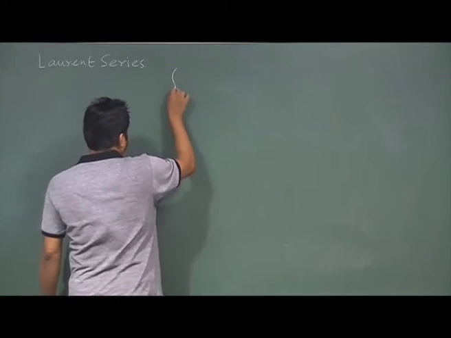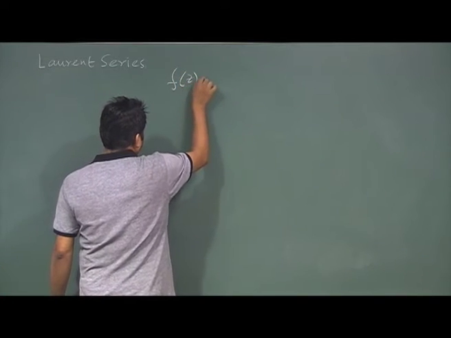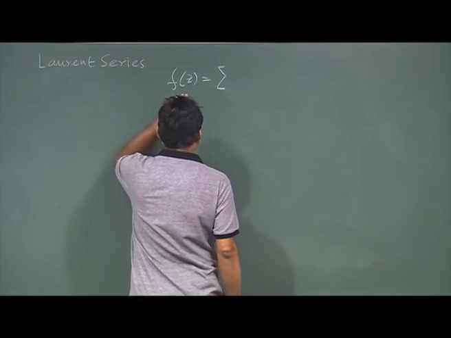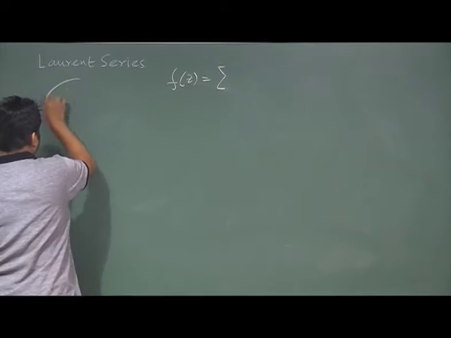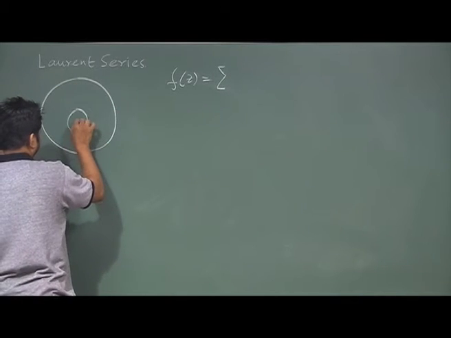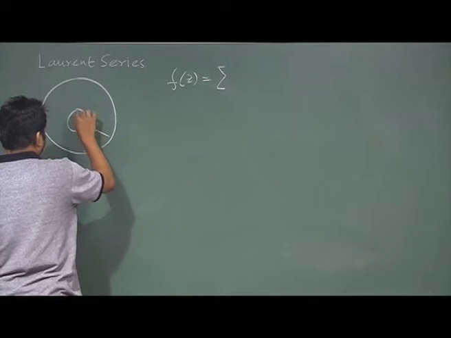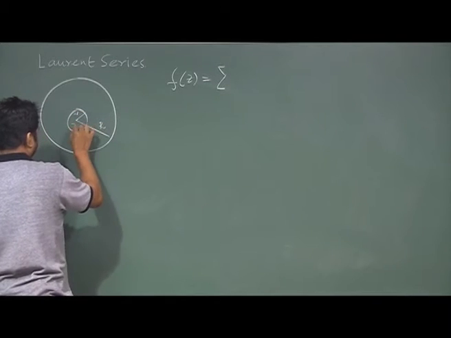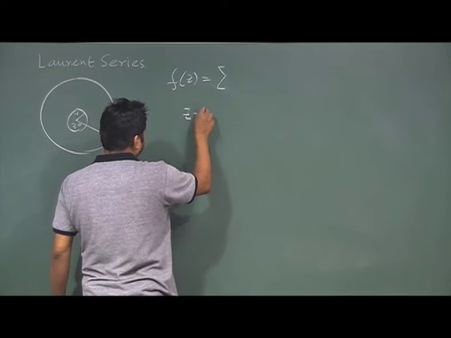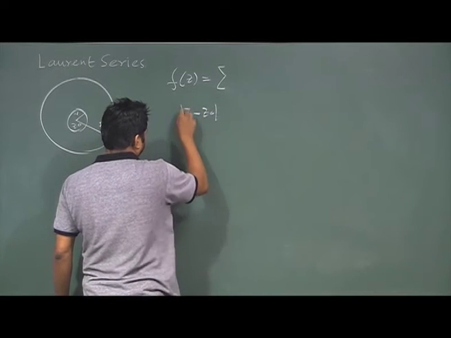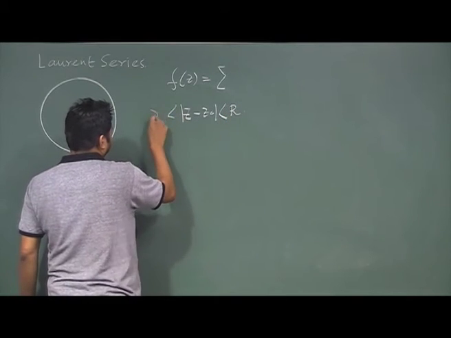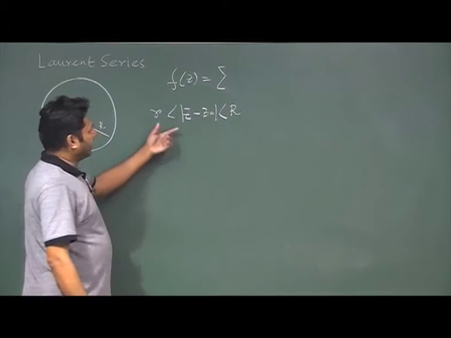This is a series we described last class, where the function is analytic in some annular region defined by this. So, the restriction is something like this annular region.